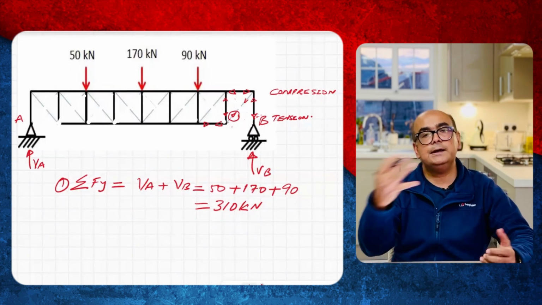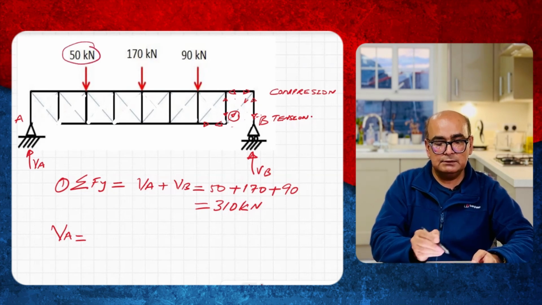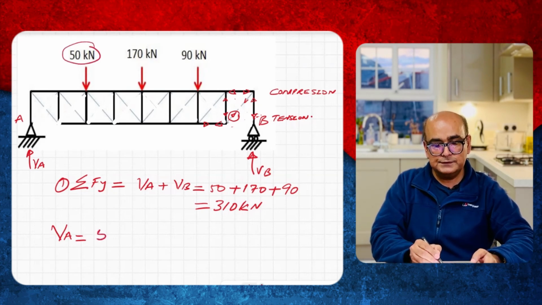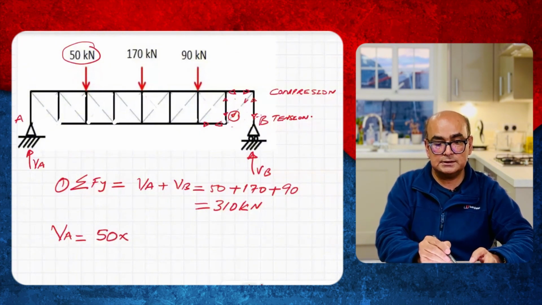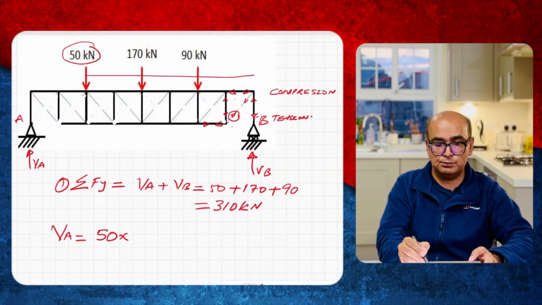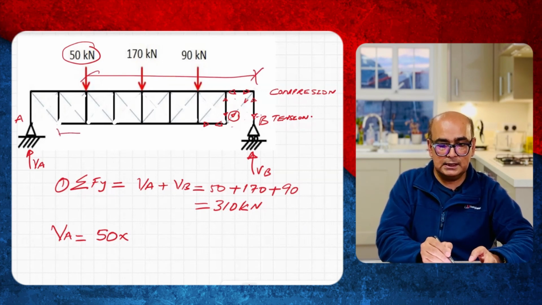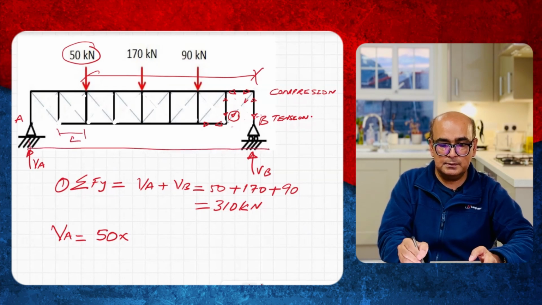So let's first find out reaction at A. VA will be equal to, first I will deal with 50, so 50 times off-center distance. Off-center distance is from 50 to point B. So from 50 to point B, the distance is 6L. If I term one distance as L, then the entire distance from A to B is 8L.